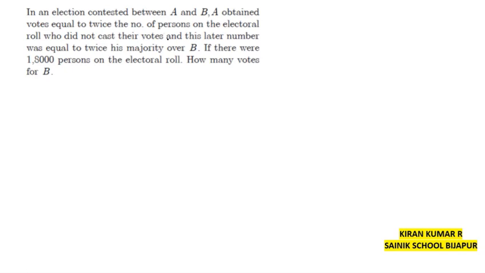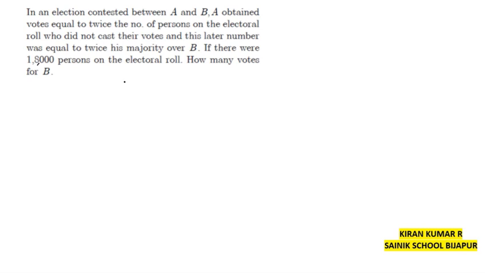In an election contested between A and B, A obtained votes equal to twice the number of persons on the electoral roll who did not cast their votes, and this latter number was equal to twice his majority over B. If there were 18,000, here there is a misprint, it's 18,000 persons on the electoral roll, how many votes for person B?